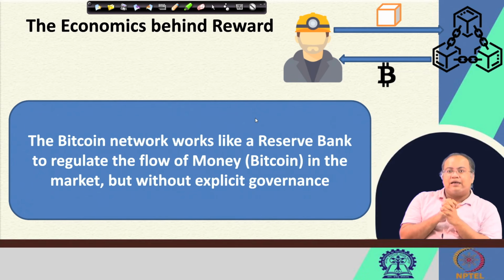Bitcoin is not the only reason behind the popularity of this technology.